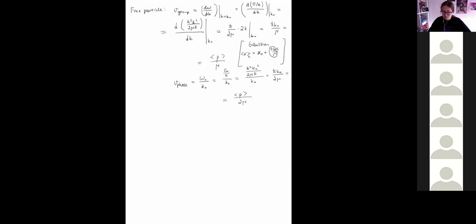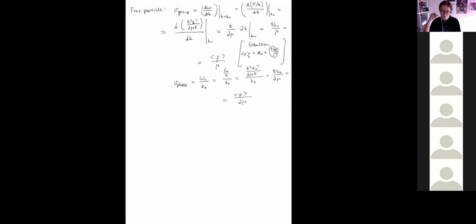As a comment, the phase velocity is usually less than the group velocity. If in some medium the phase velocity is bigger than the group velocity, then this medium is anomalous, with an anomalous refraction coefficient, and the waves there behave a bit weird.